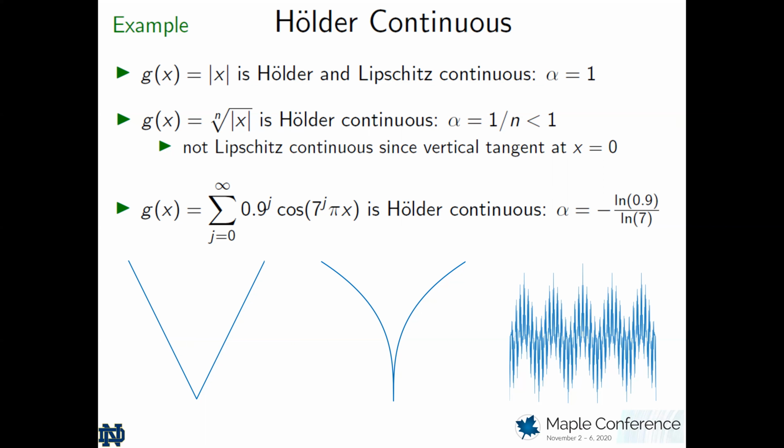In this case, it's Holder continuous, shown here in the lower right, and the alpha value is given there. It's nowhere differentiable, but it is Holder continuous. That means you can bound evaluations of this by just knowing the distance and this exponent.